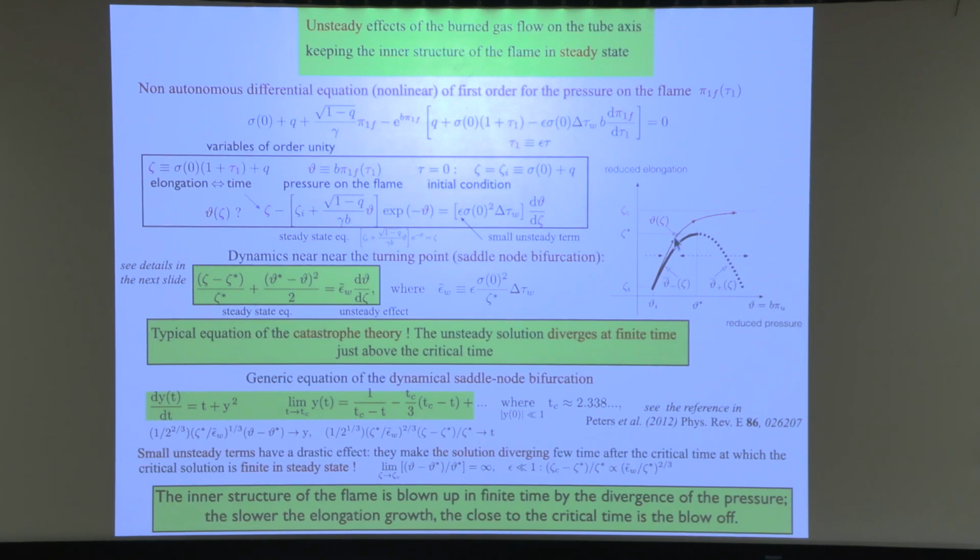So in this case, this solution is going to be like that. Now, the important thing, the essential difference, is that now the solution is no longer bounded, it is unbounded. So it is a divergence at finite time. This is catastrophic.